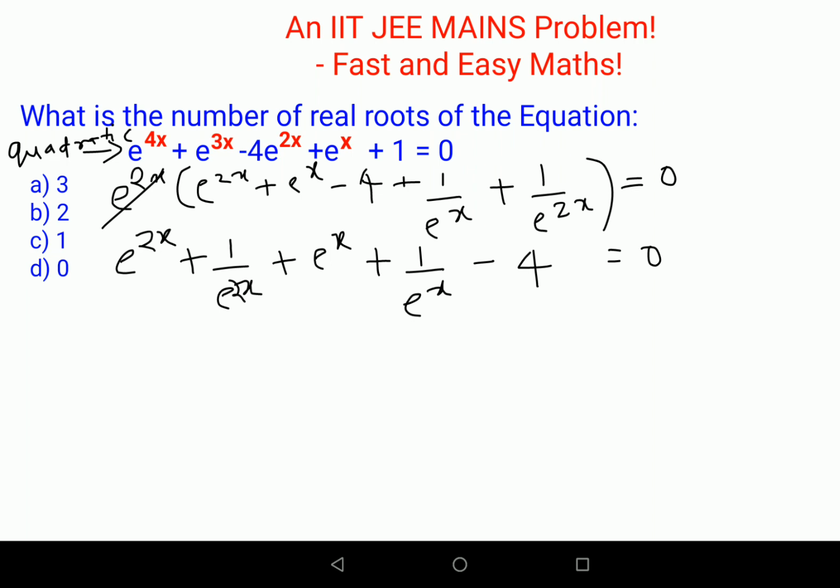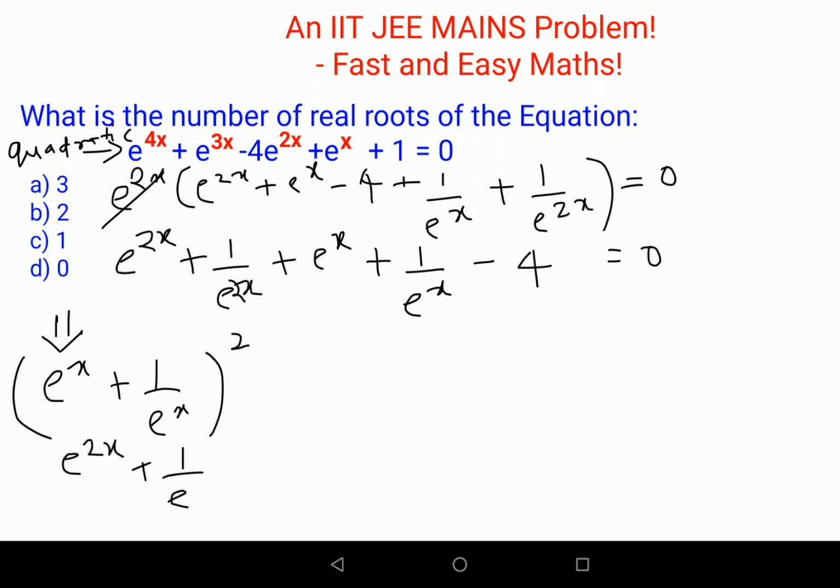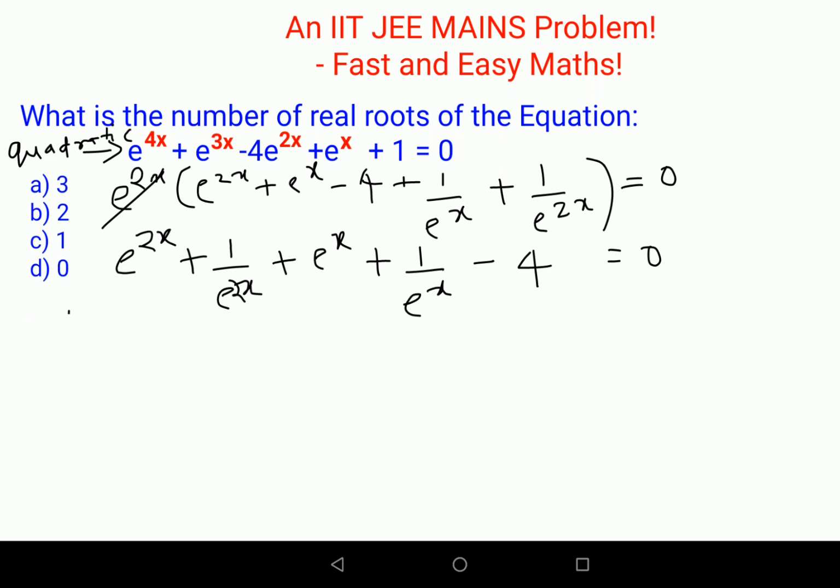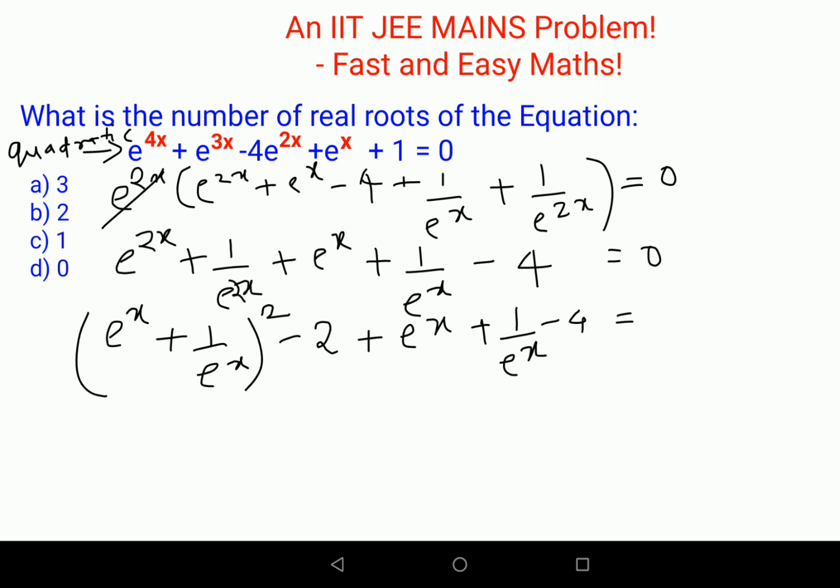I can write e raised to 2x plus 1 upon e raised to 2x as e raised to x plus 1 upon e raised to x, the whole square, minus 2. Because the expansion gives e raised to 2x plus 1 upon e raised to 2x plus 2, since 2 times e raised to x times 1 upon e raised to x cancels. So the equation becomes e raised to x plus 1 upon e raised to x, the whole square, minus 2, plus e raised to x plus 1 upon e raised to x, minus 4 equals 0.